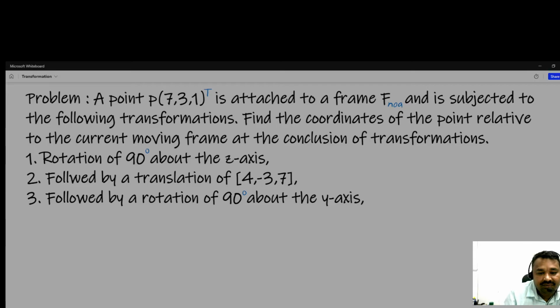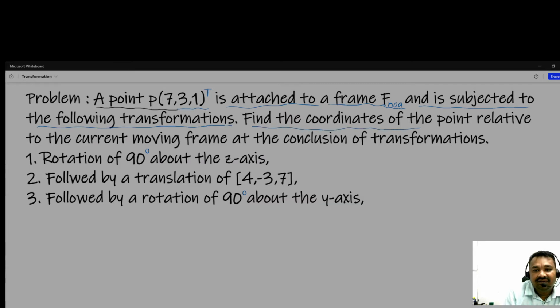Let's now discuss the problem on transformation matrix. The problem statement is: a point P is attached to a frame F NOA and is subjected to the following transformations.